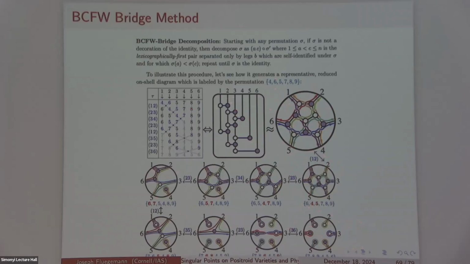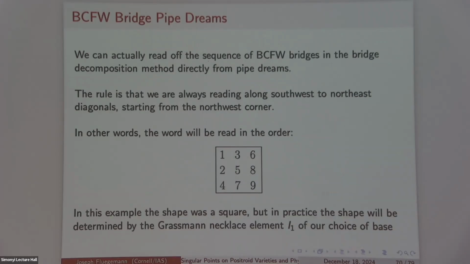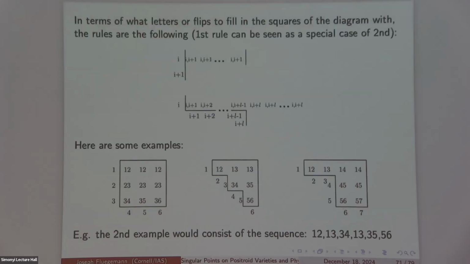So you can actually do this from these affine pipe dreams. You have to read in a specific order. Their BCFW diagram corresponds to reading from the southwest to the northeast. And what are the BCFW bridges that you get?